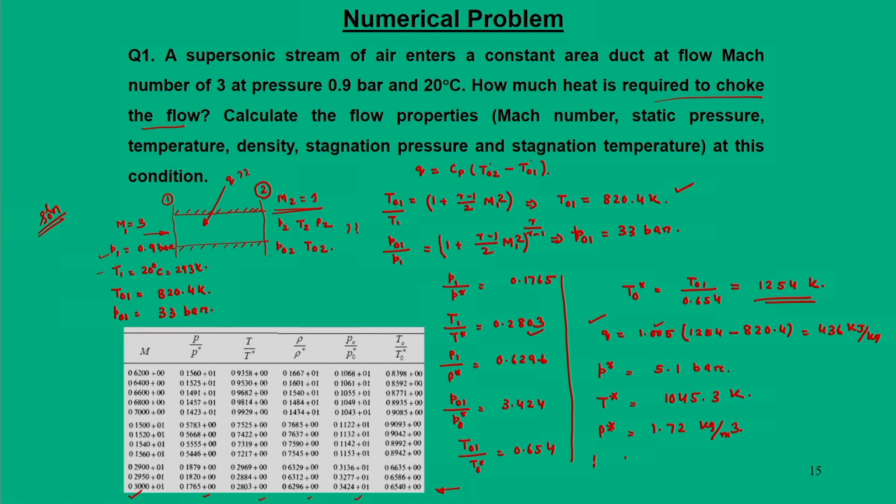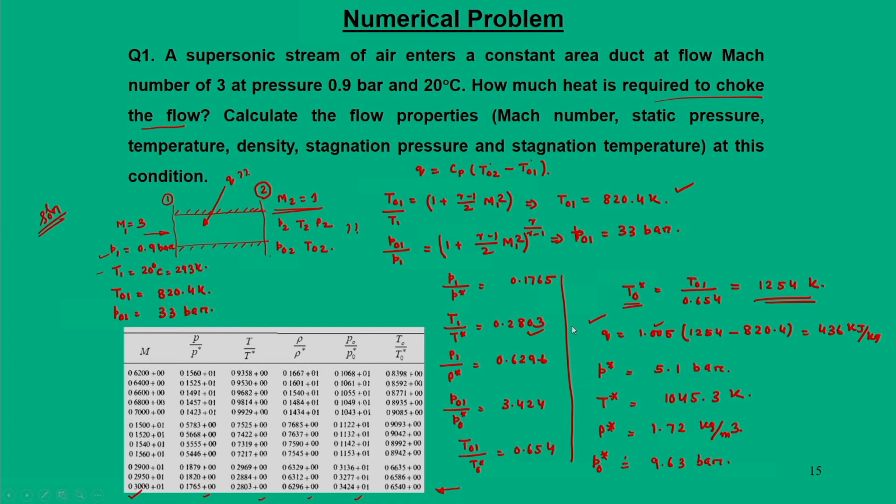We also can know that P naught star as 9.63 bar. These numbers are very simple because we know this ratio and all the upstream parameters. So, the star conditions can be found out, but the most important value is Q. And here the important information required is T naught star to calculate Q.